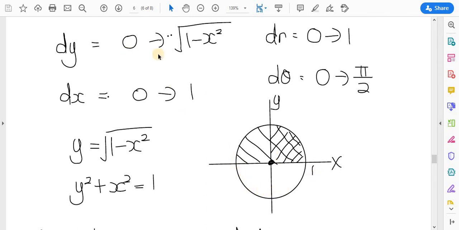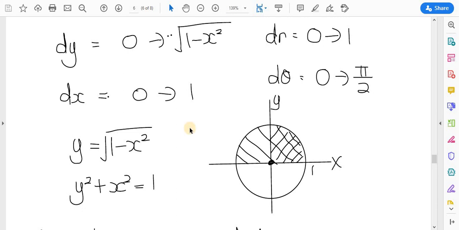According to this interval, my y will be from 0 up to the equation of the circle. So this is my y. My y equals 0 is this line, extending up to the equation of a circle. So I shade the whole upper region here.